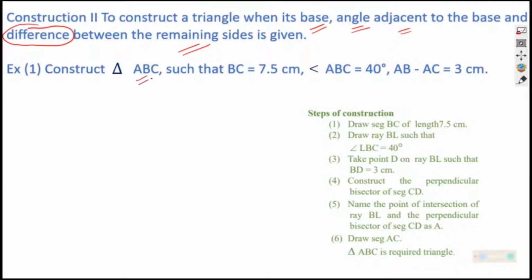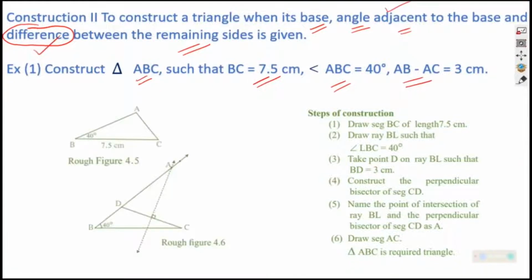Earlier it was the sum of the other two sides, 9 centimeter given. Here look, after giving the angle, the next point given is the difference AB minus AC. So we need to apply a little extra common sense to construct this particular triangle.